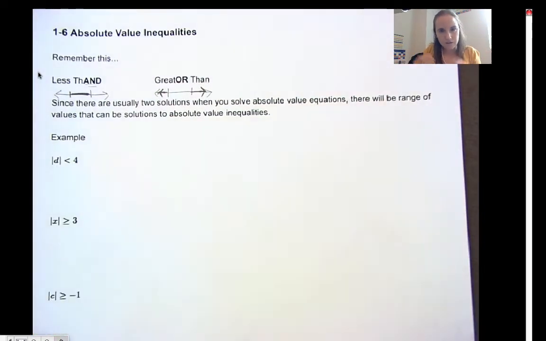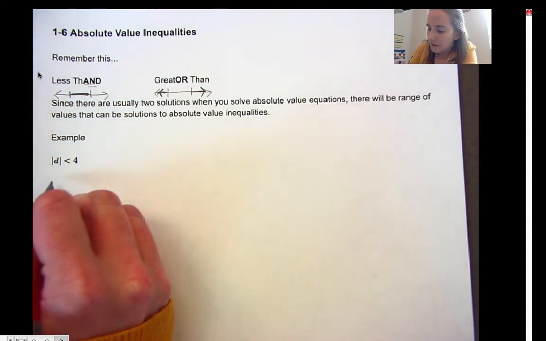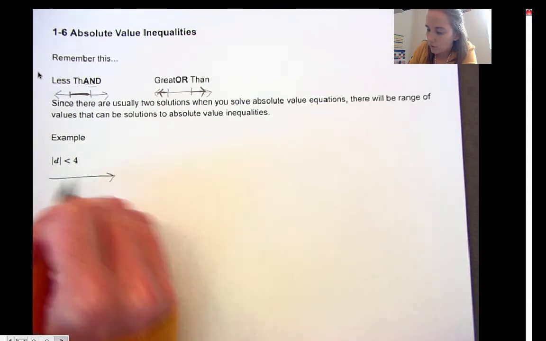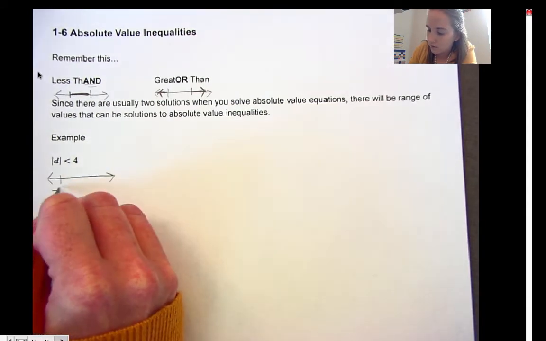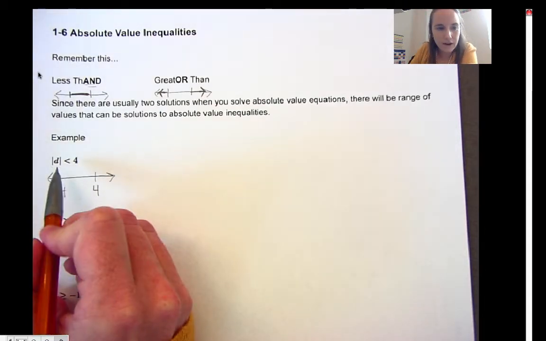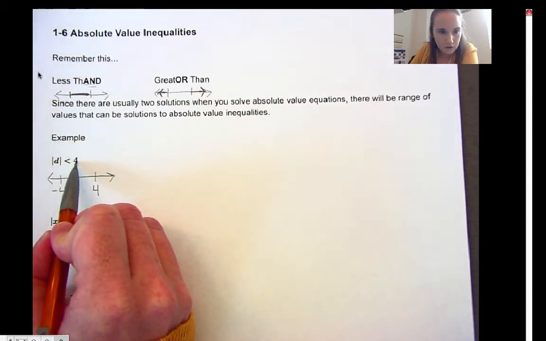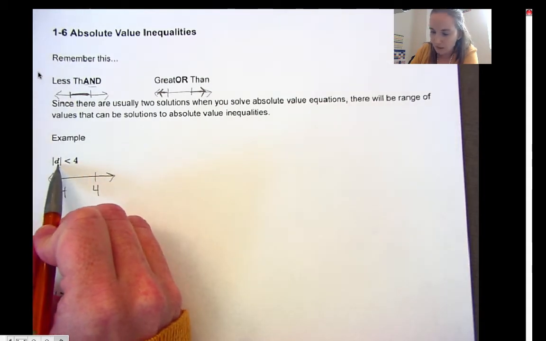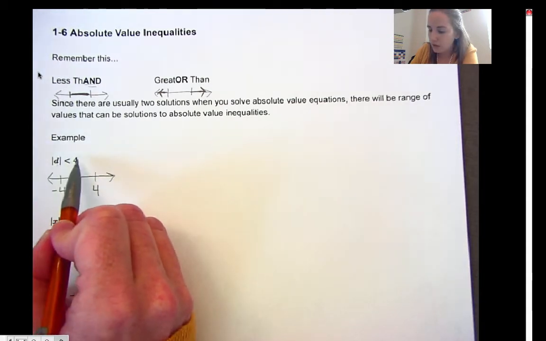That gives me my starting point of how I'm going to graph this or find my answers. Here's negative 4, and here's positive 4, but both of those would give me a value that is equal. If I plugged them in and found the absolute value, it would equal 4.